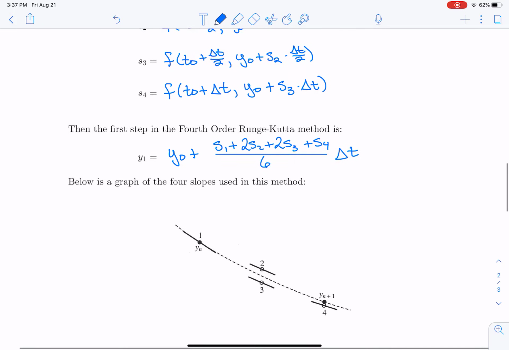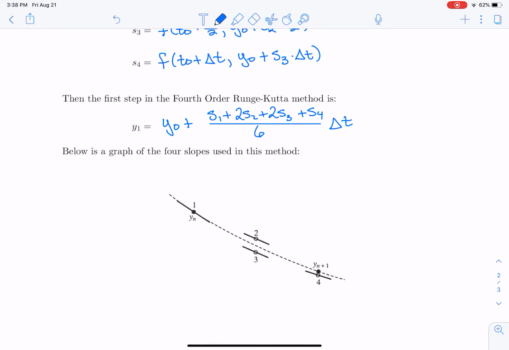So what you can see from this graph below is essentially how we're getting at the solution, or an approximation of the solution to the differential equation by averaging 4 slopes.